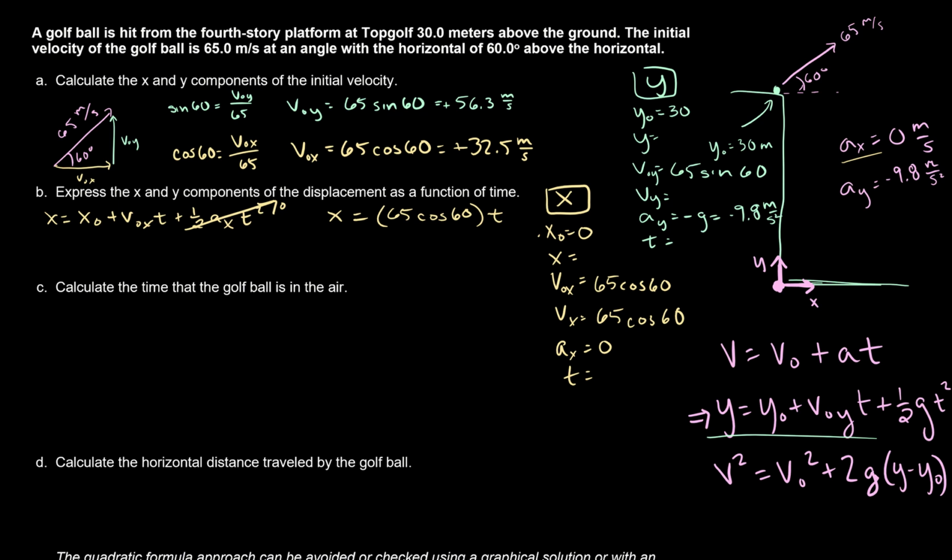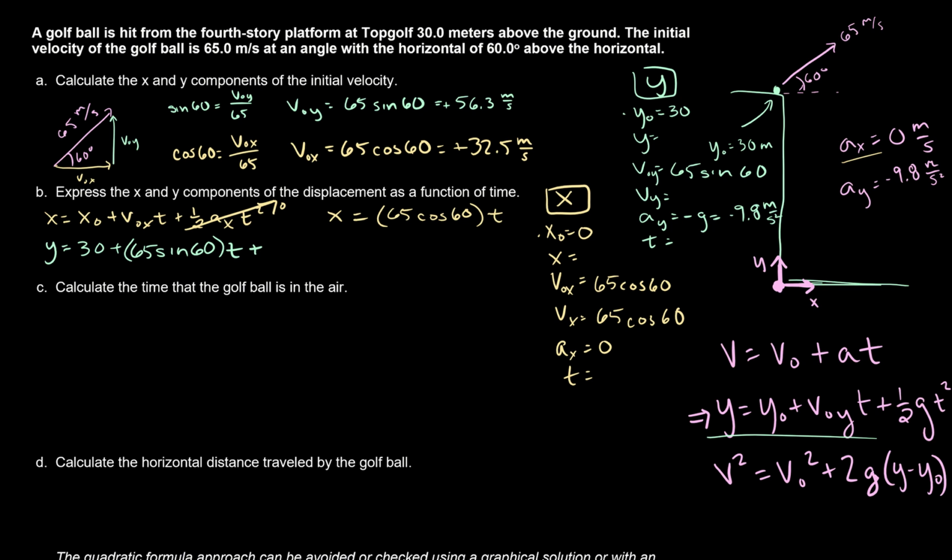Okay, in the y direction though, we have an acceleration, we know our initial velocity, we know our initial position, so we have y equals, well, y naught is going to be 30 meters, plus our v naught y times t. Well, our v naught y was 65 sine of 60 times t, plus 1/2 g.